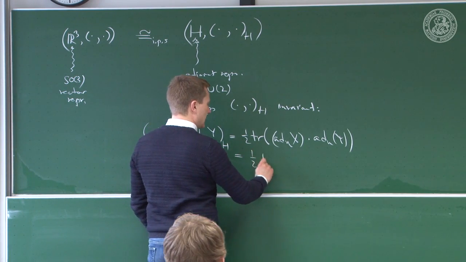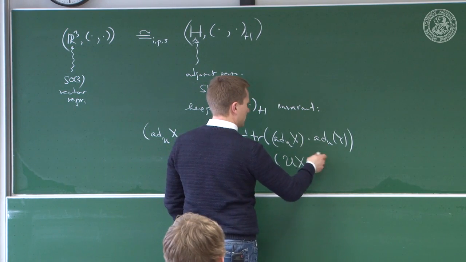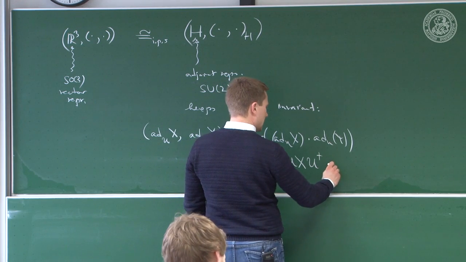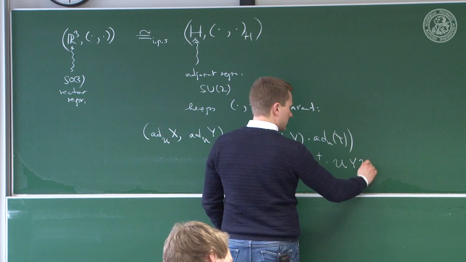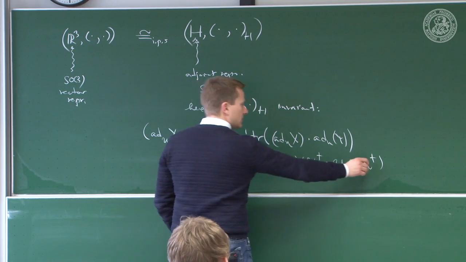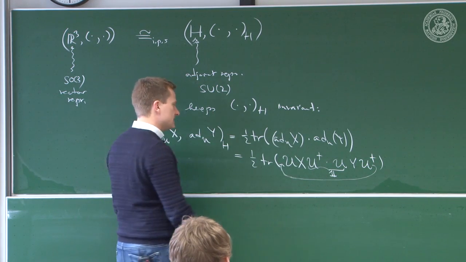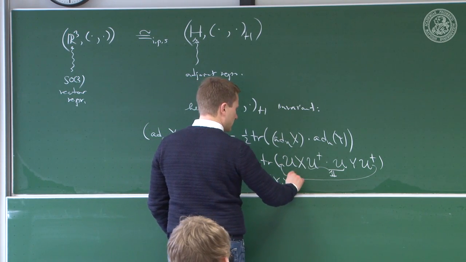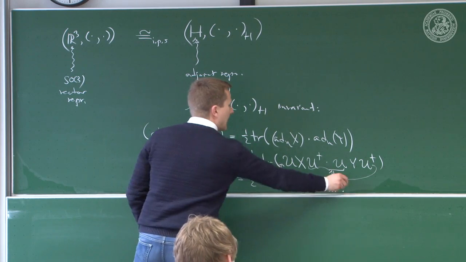And this is 1/2 trace of u x u inverse, well, or u dagger, it doesn't matter in this context because it's SU2, times u y u dagger. But now this is the identity, and you can also pull this u dagger here because of the cyclicity of the trace. This is yet another identity. This is 1/2 trace of x times y, and this is just x, y, h. Aha.